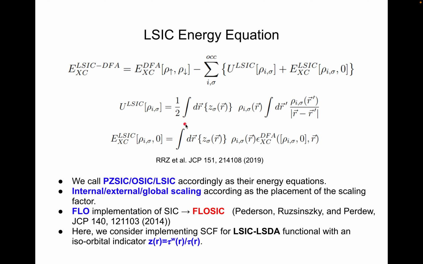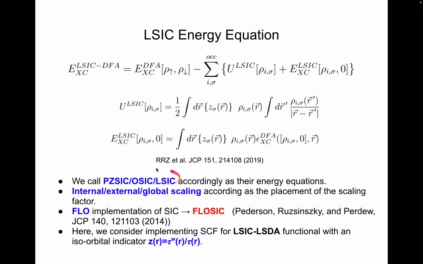So if you place the scaling factor like what you see in the LSIC equation here, because the scaling factor is placed inside of the integral, we will refer to this as the internal scaling. If the scaling factor is outside of the integral, then we will call it external scaling. The global scaling is for the case where the scaling factor is a constant.